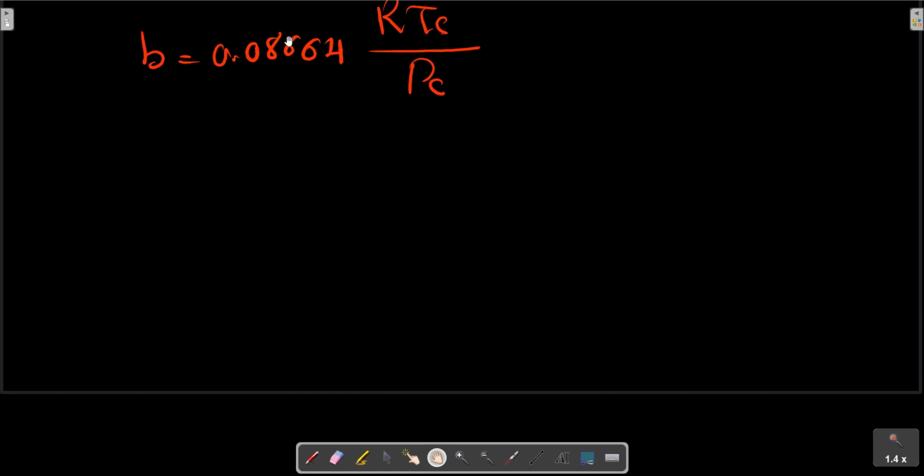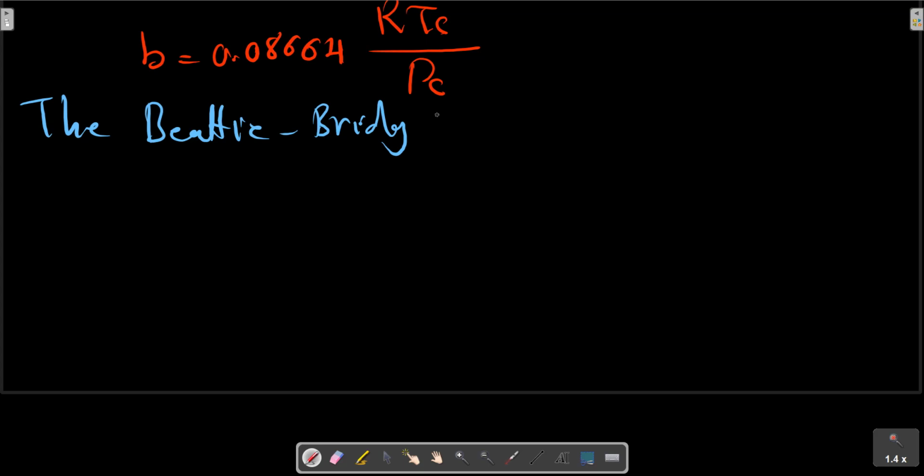We provide another equation of state, the Beattie-Bridgeman equation. The Beattie-Bridgeman equation contains 5 experimental constants.